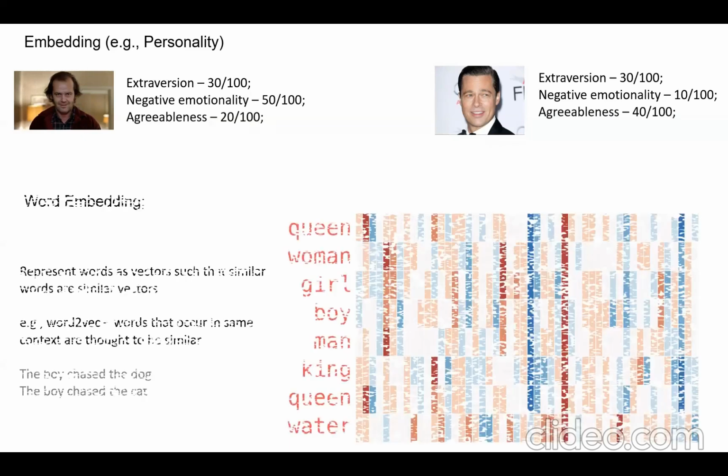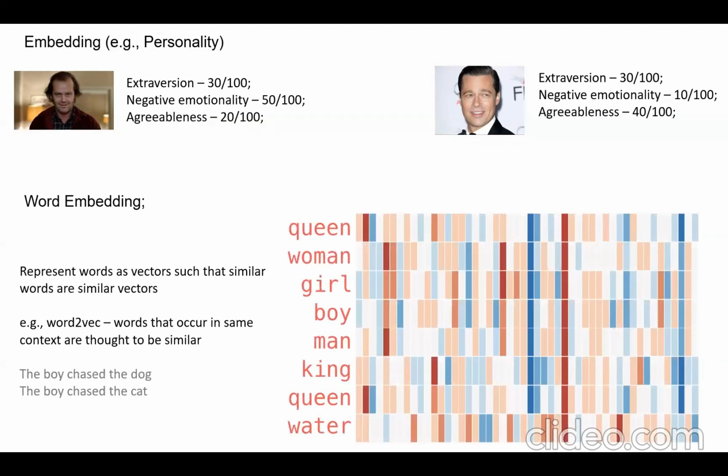And I'll here show the example of word embeddings. So the idea is that words can be represented as a string of numbers in these multidimensional spaces. And the idea is that we try to create this multidimensional space such that similar words tend to be close in this multidimensional space. So queen and woman might be a bit more similar than king and water, for example.